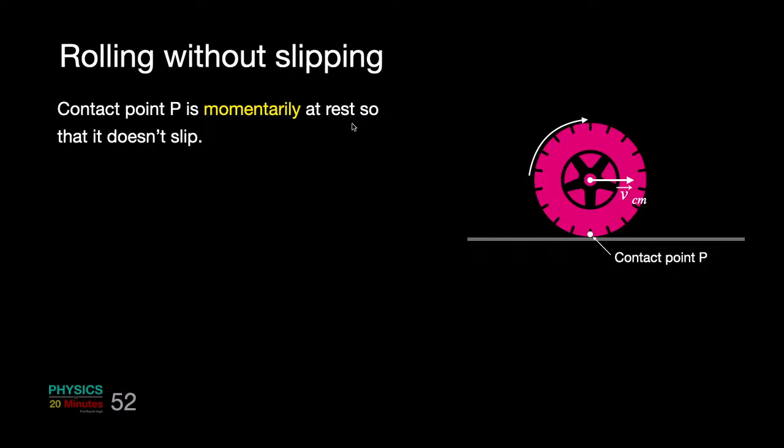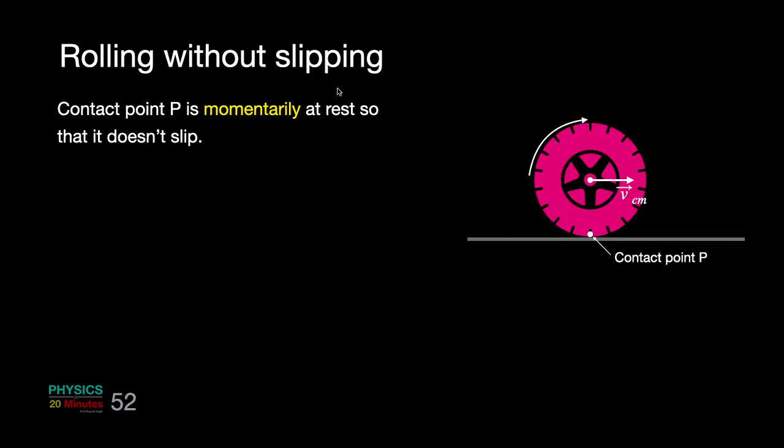Why would it be at rest? Just imagine if this point is not momentarily at rest, then the rigid body, the rotating body, will tend to slip upon the lower surface, and that won't be called rolling without slipping.